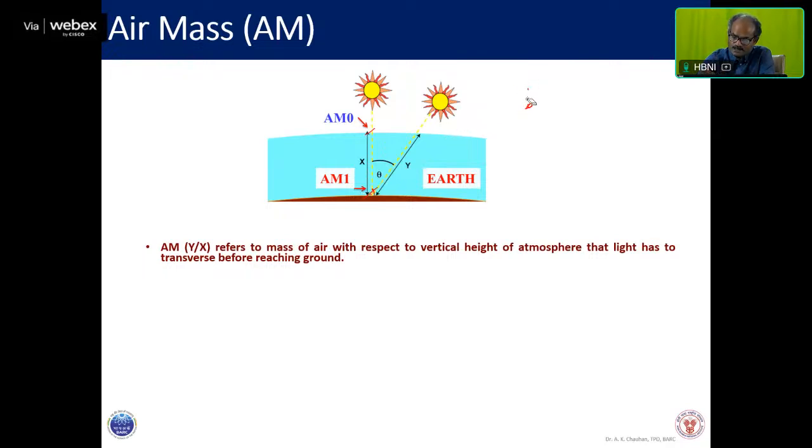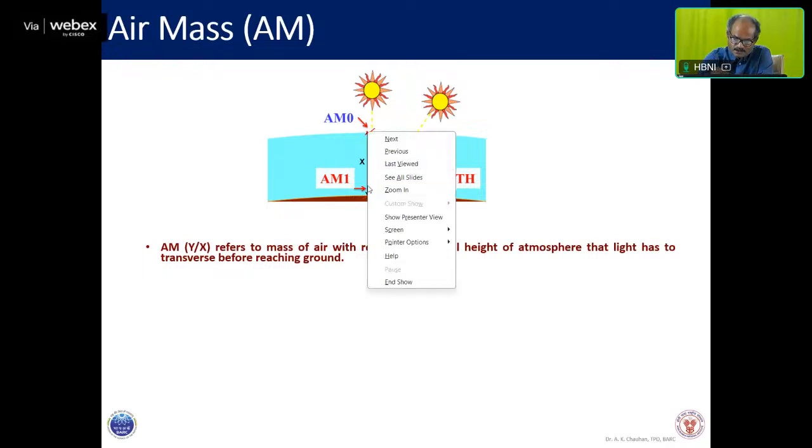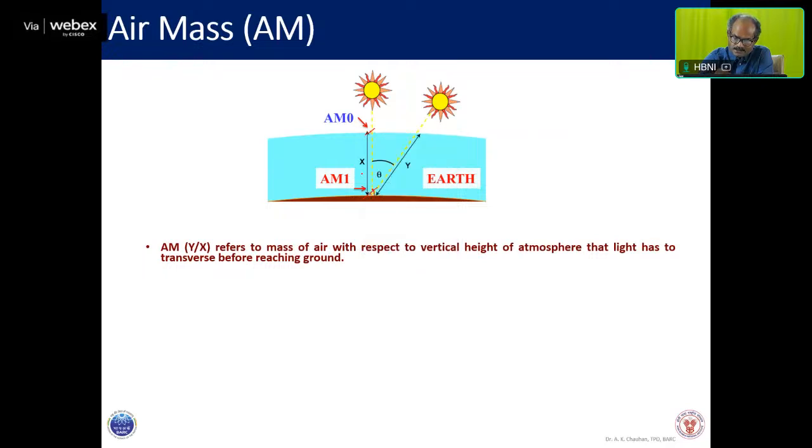So when the sun is at zenith, suppose in June at 12 a.m., then it travels the exact x distance. So at that time, air mass will be x by x, which is 1. So then it will be AM1.